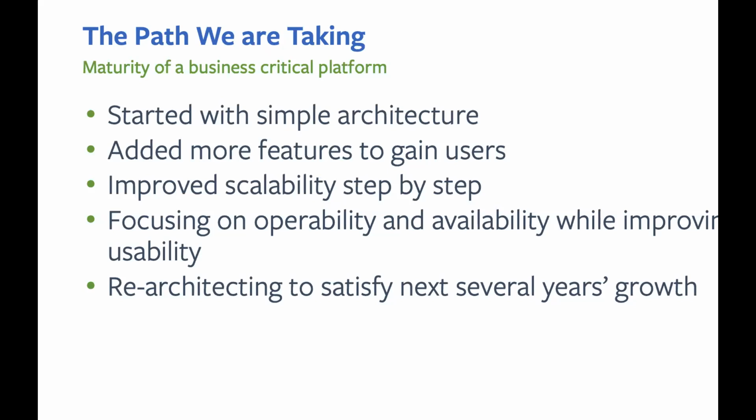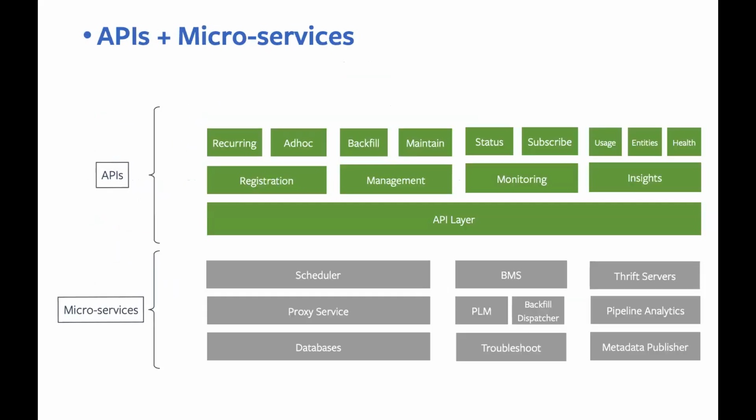Another thing we're doing is, instead of improving scalability step by step, we are re-architecting to satisfy the next several years of growth. We're not going step by step, but projecting the growth for the next few years and re-architecting. This is the path we are taking.